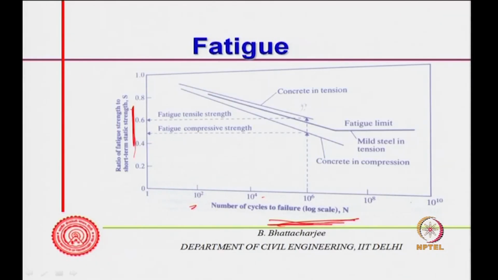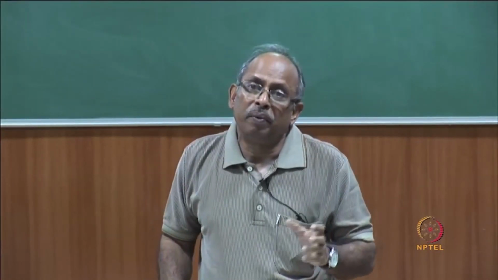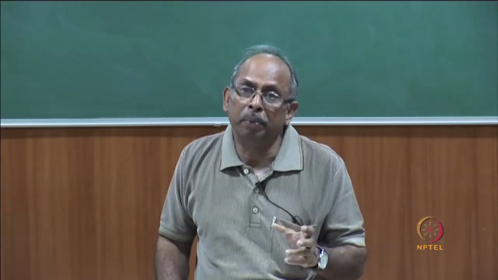In case of mild steel, in tension with reversal of stresses, beyond 10 to the power 7 cycles or so, slightly above 10 to the power 6 and 7 cycles, the load at which reversal occurs is close to 0.4. So, around 250 MPa is the yield strength of mild steel, and the endurance limit is close to 100 MPa.